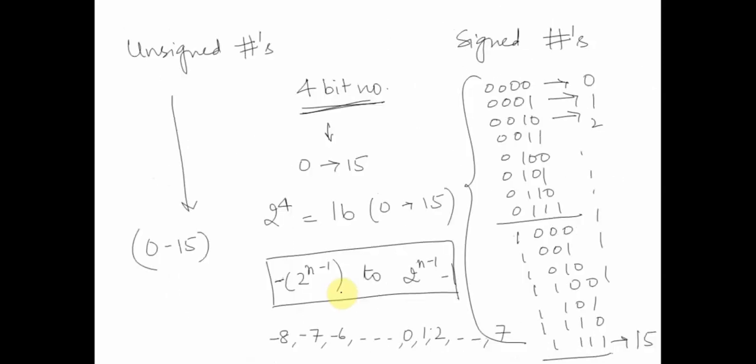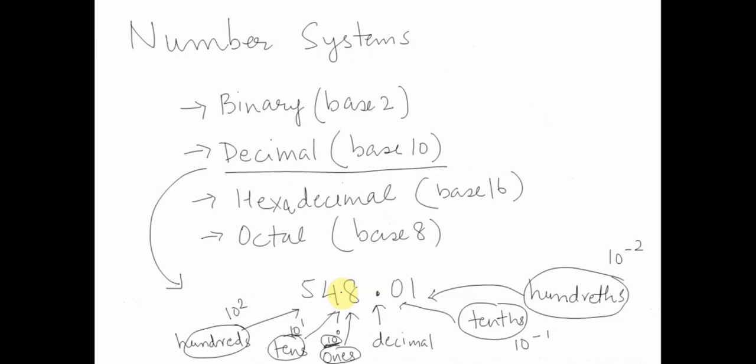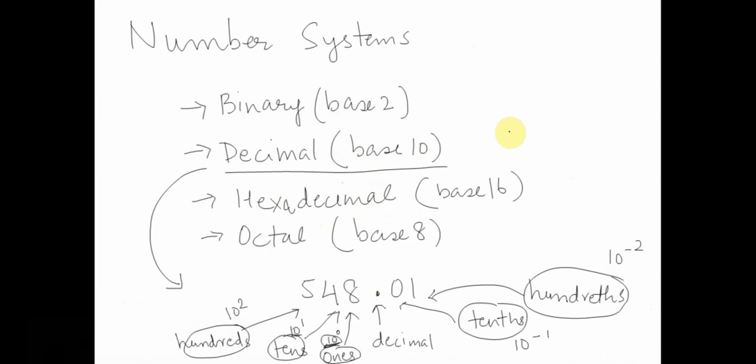So this is the basics of number systems and what kinds of number systems there are. Just to quickly recap, we have binary, decimal, hexadecimal, octal. Hexadecimal is a pretty important one along with binary, and decimal is something we can always use as a reference to generate our numbers in binary format.